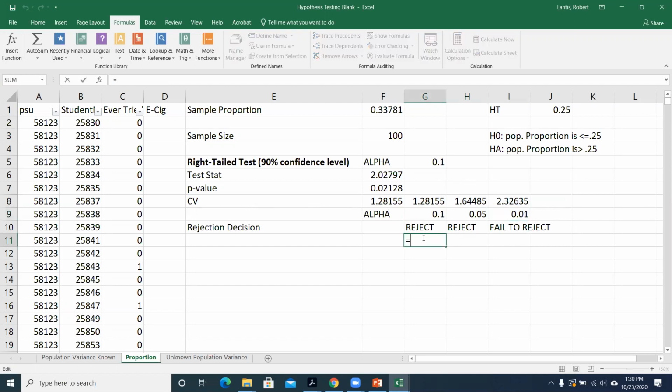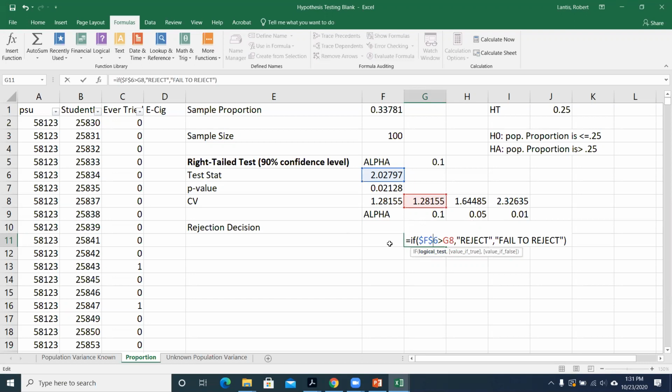So for my rejection decision, I could have also done: if my test statistic is greater than my critical value, then it would be in the rejection region for a right-tailed test. If it is, then put reject. If it's not, fail to reject, right? Now when I copy this across, I want my critical value to update, but not my test statistic, so I'll freeze that cell reference for the test statistic. Hopefully I get the exact same rejection decisions as when I set that IF statement up for the p-value.